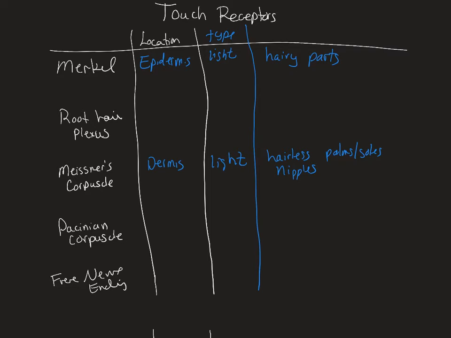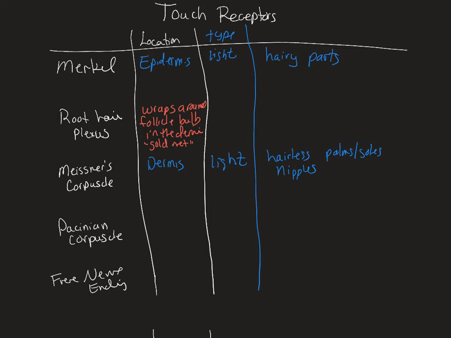That's interesting. All right, the root hair plexus. Where is it? It wraps around the follicle bulb. So the bulb of your hair follicle in the dermis. Okay? To me, it looks like a gold net in most pictures wrapping around it.